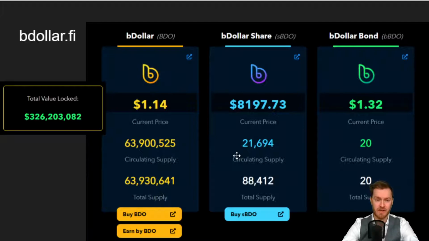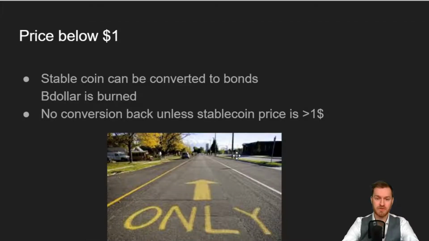So this is a one-way street. And this is the price action you might expect, that once the price reaches below $1, bDollars will be quickly converted to bonds to get this bonus later on, and so the price is kept stable.